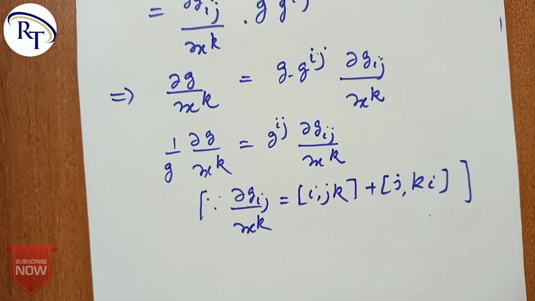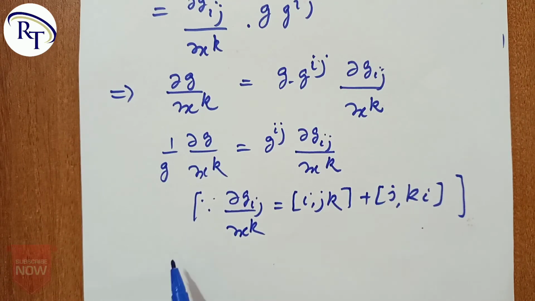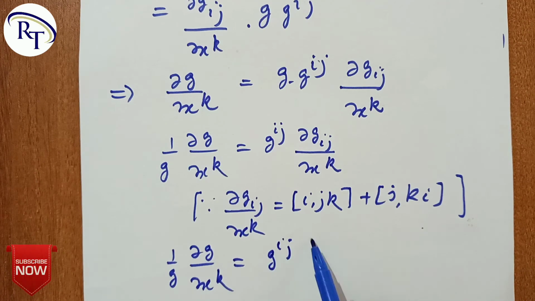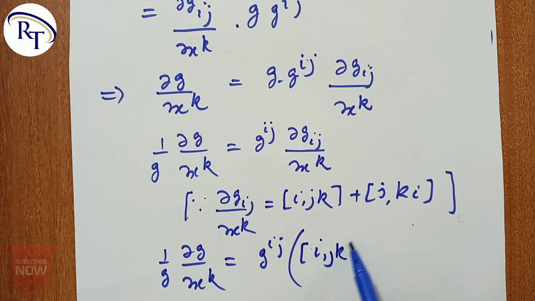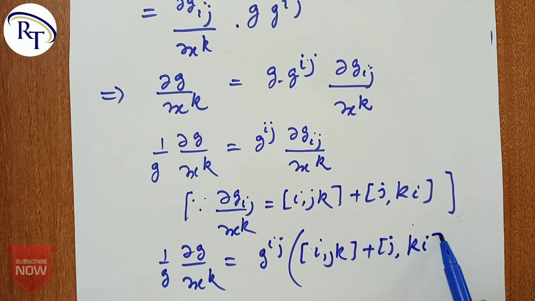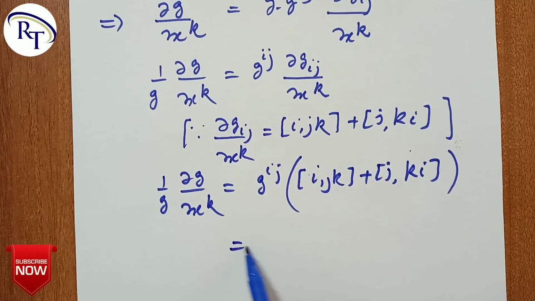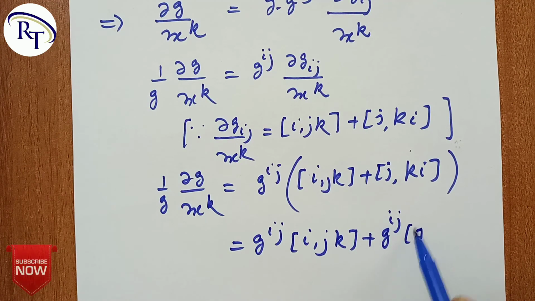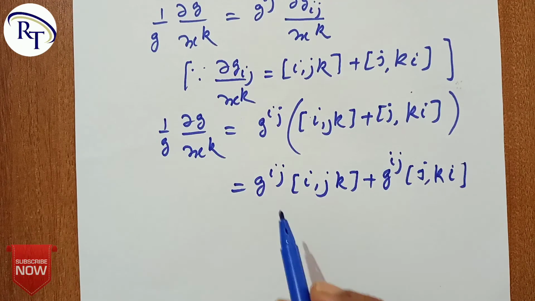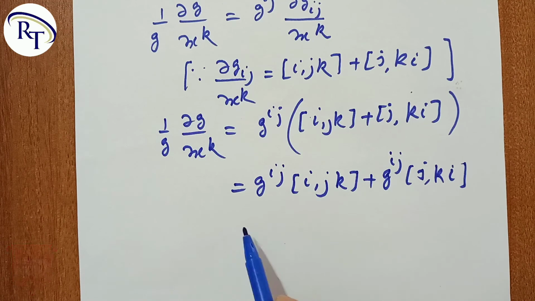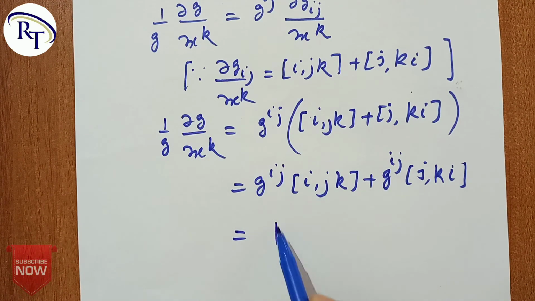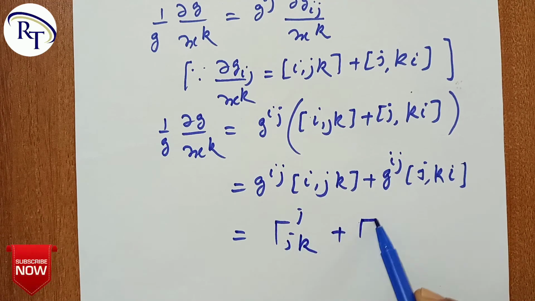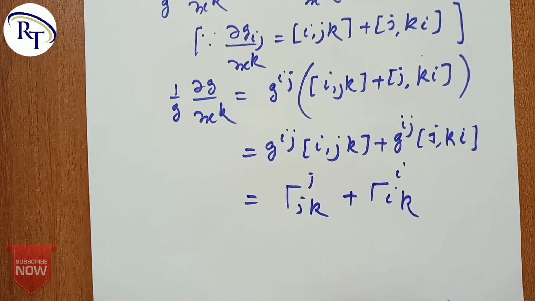Now putting this value, (1/g) ∂g/∂x^k is equal to g^ij [ik,j] plus g^ij [jk,i]. Now applying the definition of Christoffel symbols of the second kind, this is Γ^i_ik... that is, Γ^j_jk plus Γ^i_ik.